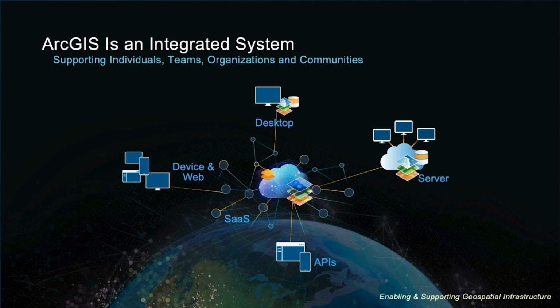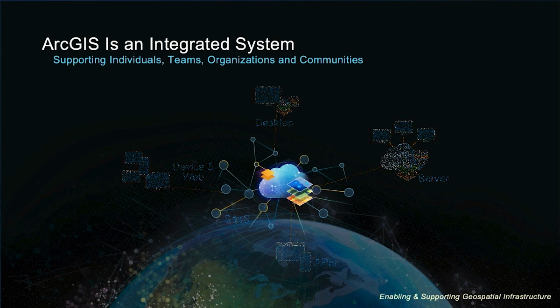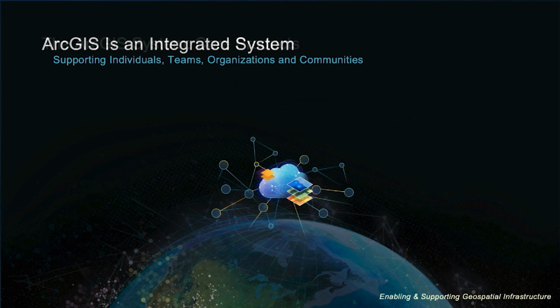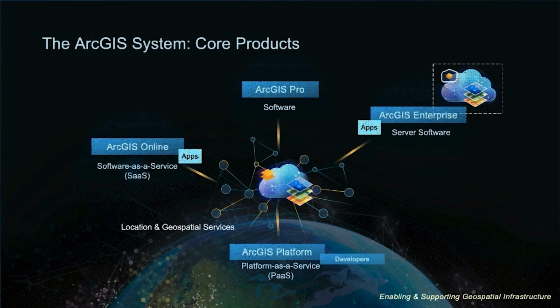Now, if we look at this software from the actual products, the core products that come as part of ArcGIS, we have ArcGIS Online. This is our software as a service. This is a cloud-hosted web GIS that you can subscribe to and use. We have ArcGIS Pro. This is desktop software, professional desktop software for doing GIS.